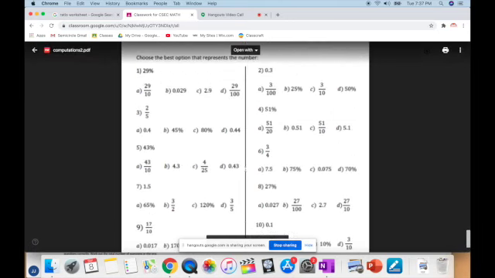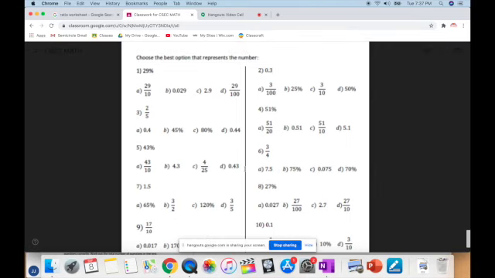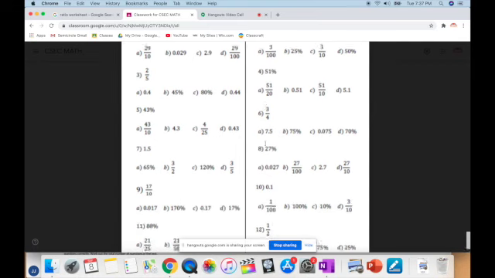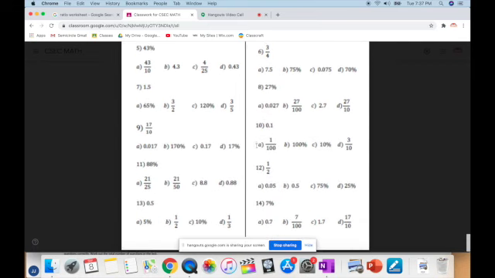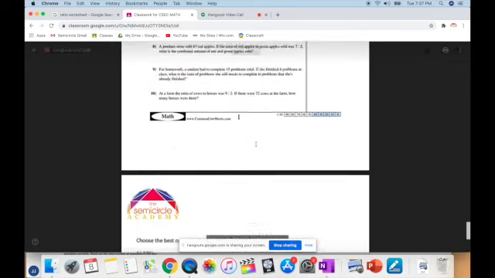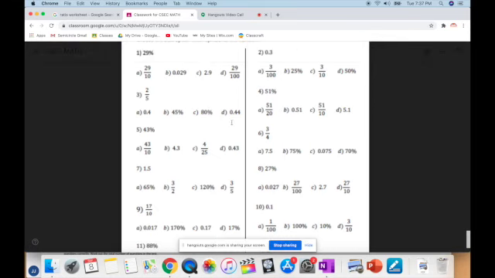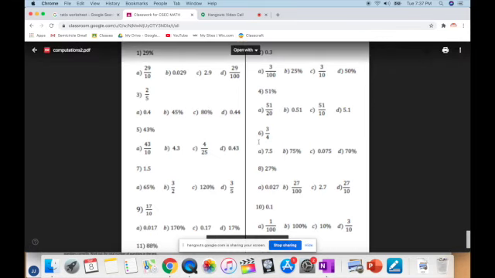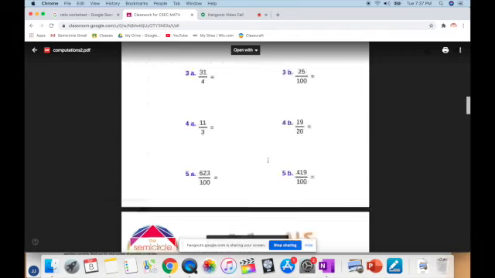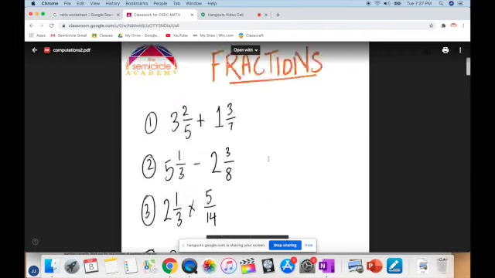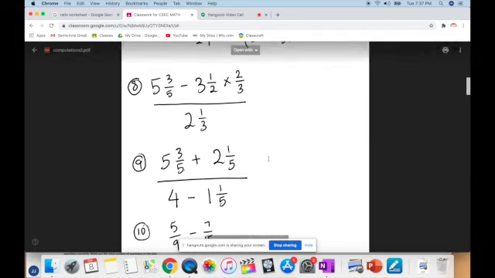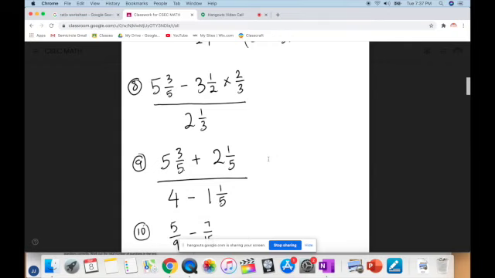I don't really care if you do any questions from the rest of the paper or not, but I do want this sheet over here. Everybody understand? Yeah. So this last sheet here is a multiple choice, so you have options, and I want this last sheet for sure, and I want all of the first 3 pages of fractions for sure.